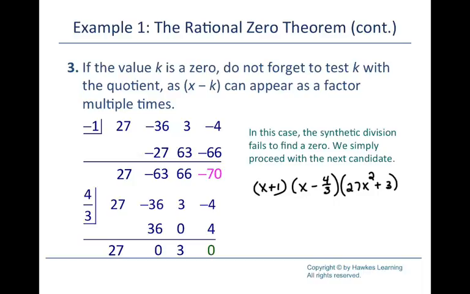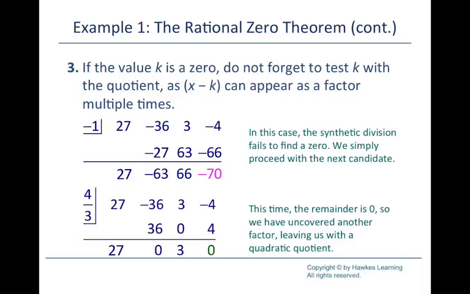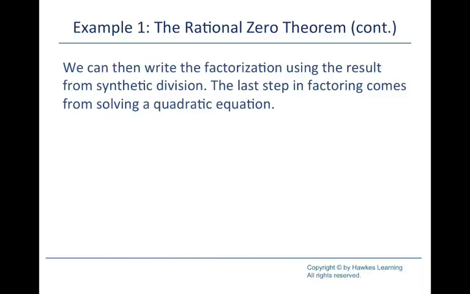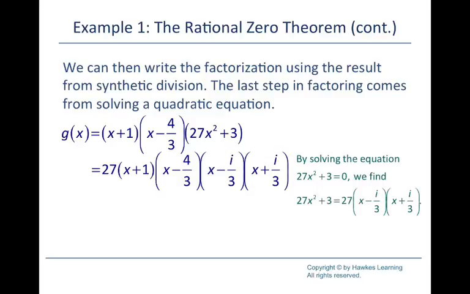So let's look. We have another 0. Now 27x squared plus 3 is not going to give us a rational number as an answer.